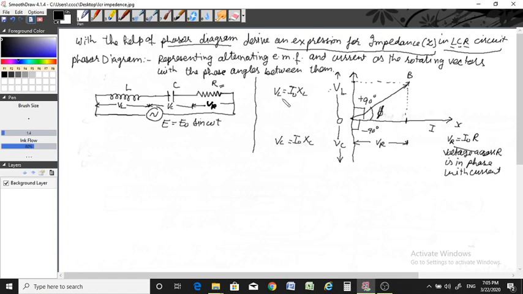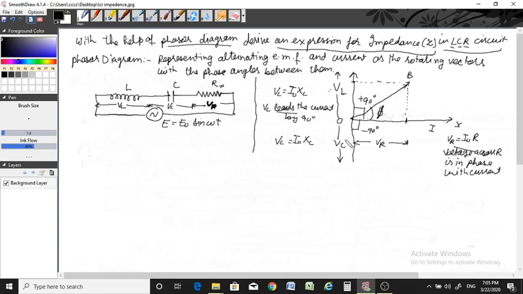According to this, voltage across inductor VL leads the current by 90 degrees, which means plus.